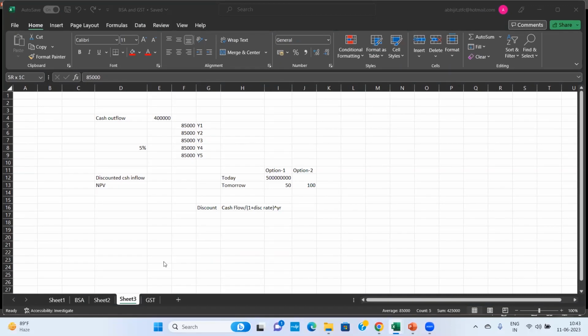Yes, present value for the whole cash flow year 1 to year 5, and then the net present value. Ishwan, don't use Excel formula.